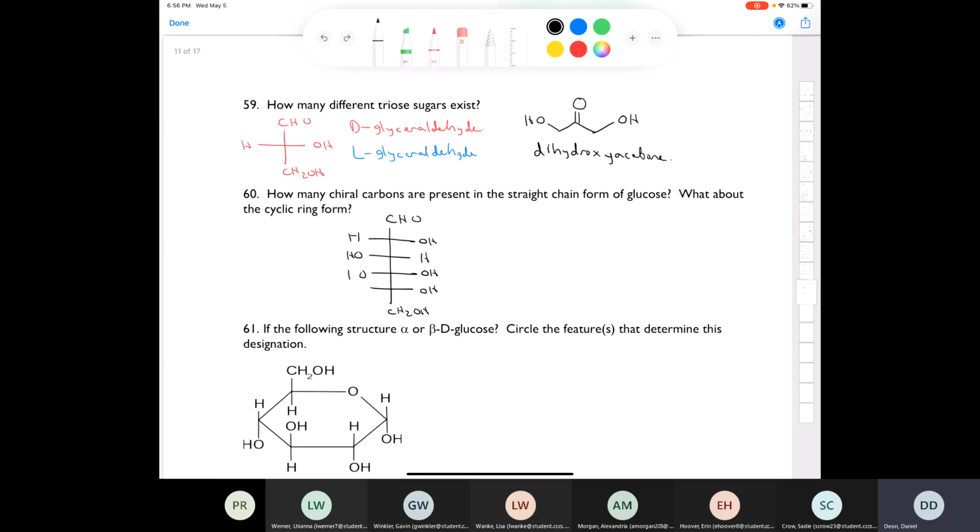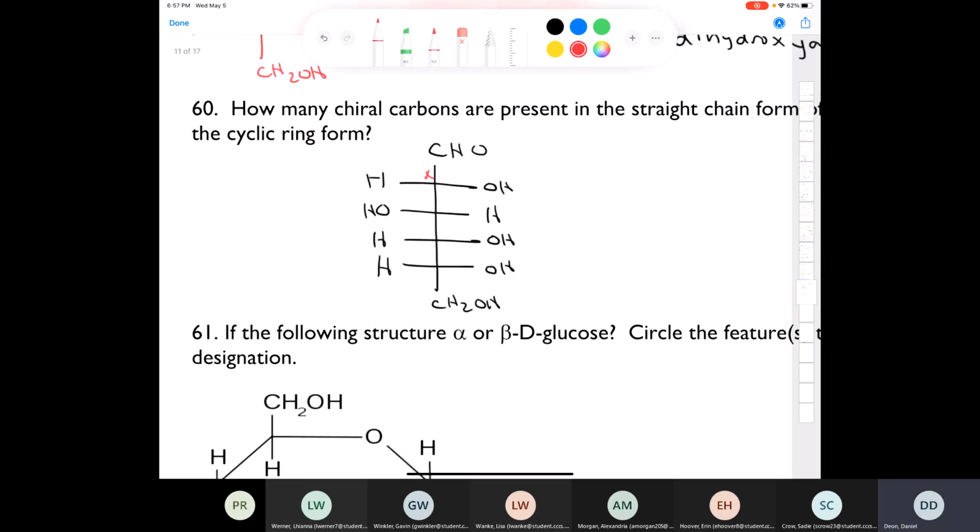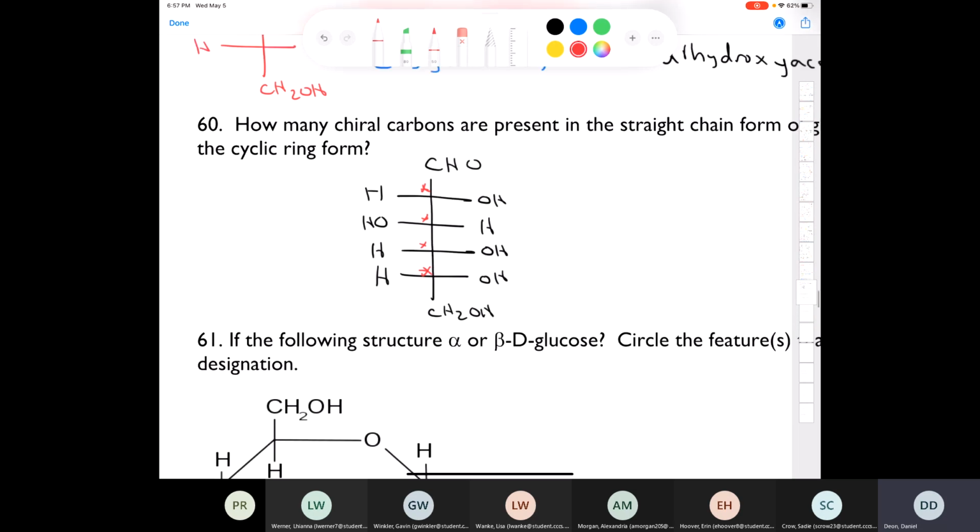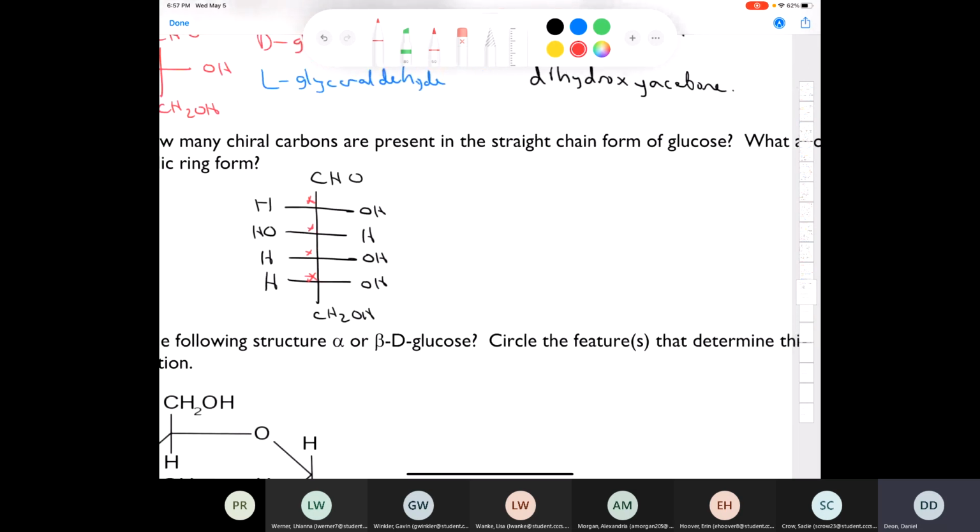No, sorry, I made a mistake here. There we go, that's more like it. If we draw the straight chain form of glucose, you can see that there are actually 1, 2, 3, 4 chiral centers in the molecule.